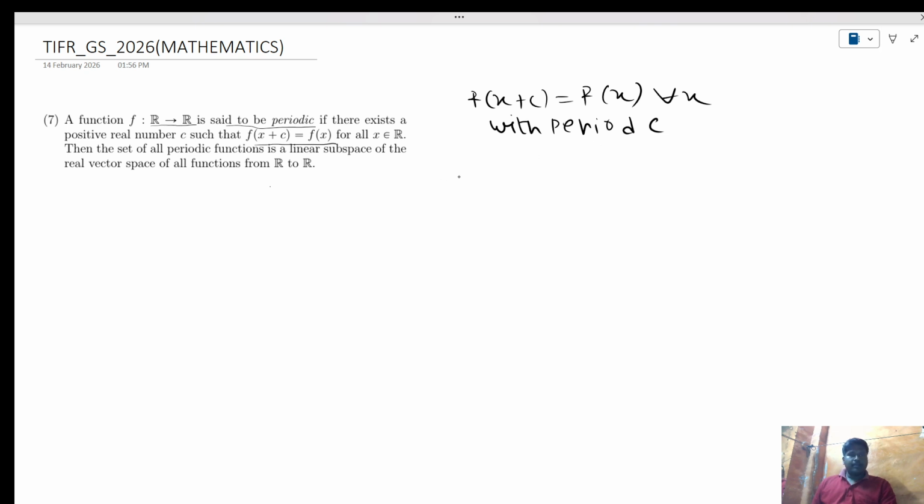Now here it is given that V is a vector space of all functions f maps R to R.